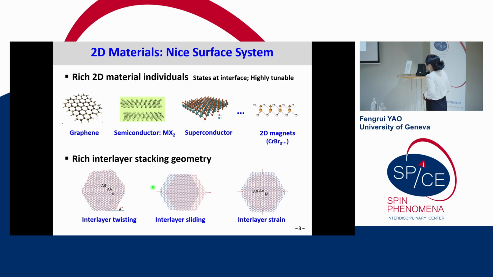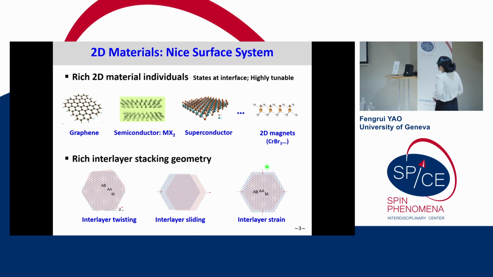But besides twisting, these stackings can also be changed by interlayer sliding. That means sliding one layer relative to the other layer. You can also change the stackings the other way, by inducing a differential strain between the two layers.